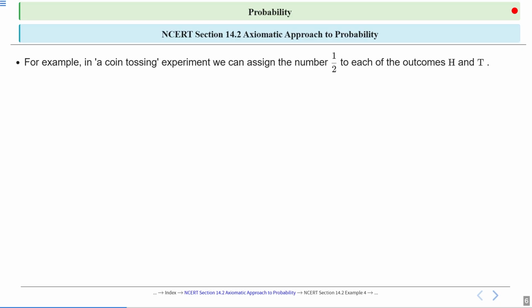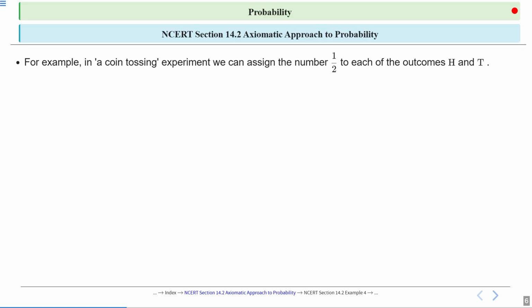We can assign the number 1 by 2 to each of the outcomes H and T, because there are two outcomes in coin tossing, with equal chance to occur.